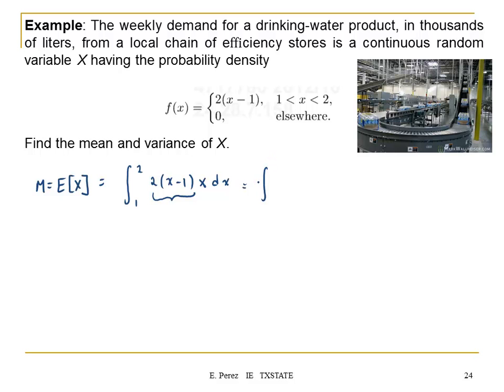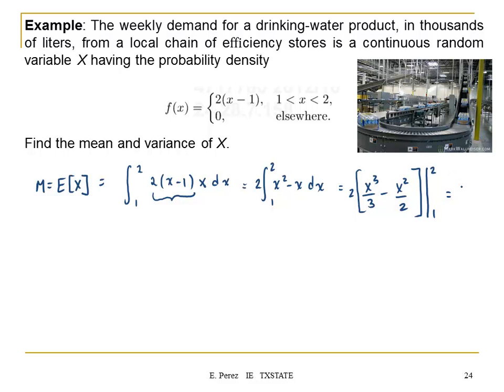Now we have this, then everything else is straightforward. You just integrate x squared minus x from 1 to 2 dx, and this will be x cubed over 3 minus x squared over 2, everything times 2, from 1 to 2.